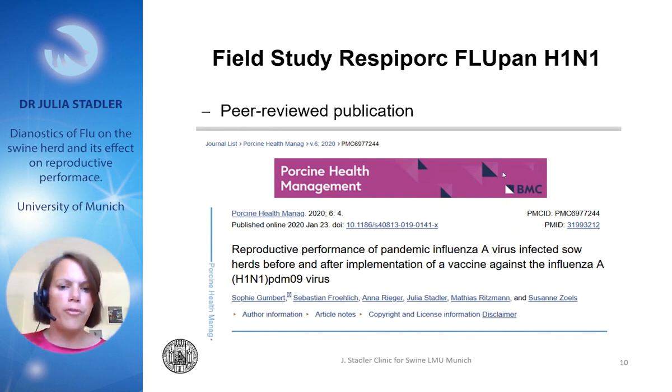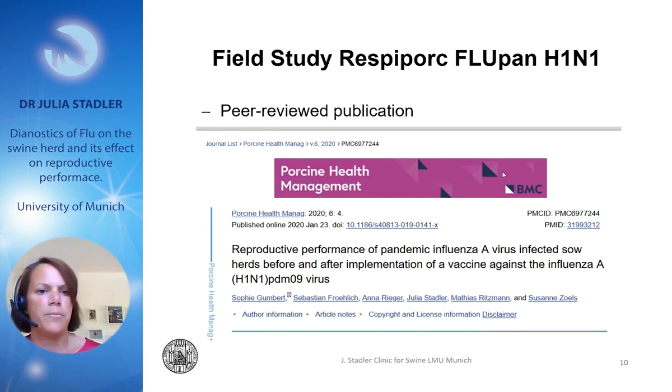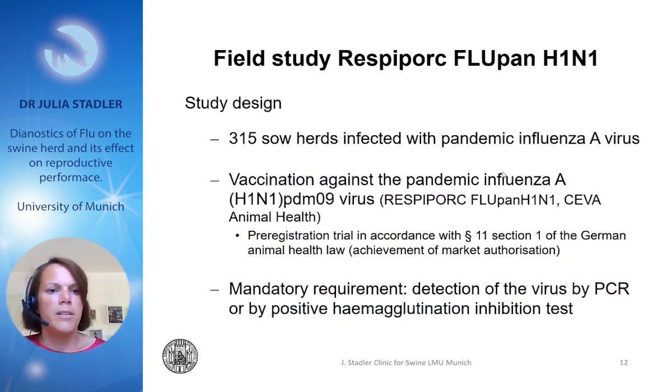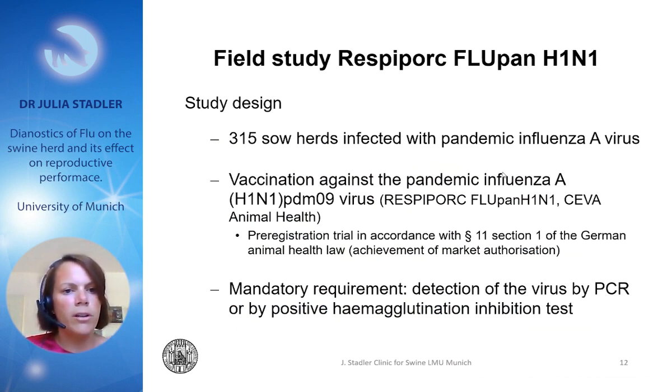Therefore, we have performed a longitudinal field study investigating reproductive performance of pandemic influenza-infected sow herds, and the results of our studies have been published in a peer-reviewed journal, the official journal of the European College of Porcine Health Management. We had the great opportunity to choose from a large pool of herds, in total 315 sow herds.